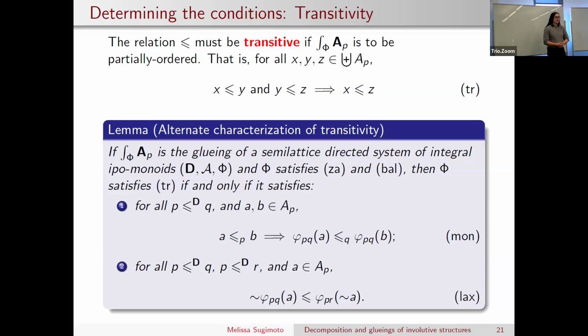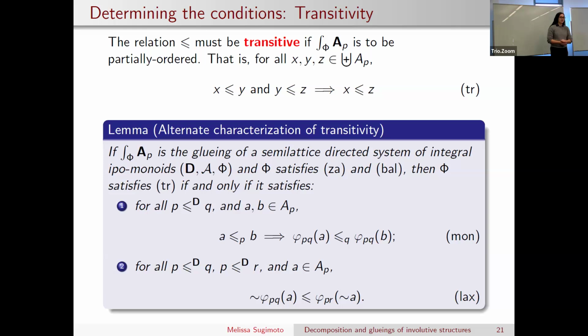We just say x is smaller than y and y is smaller than z implies x is smaller than z. But this turns out not to be the best characterization to use on our system here. What we end up doing instead is that in the presence of zero avoidance and balance, the two conditions that we just came up with, we have two other conditions called mon and lax, which turn out to be exactly equivalent to transitivity.